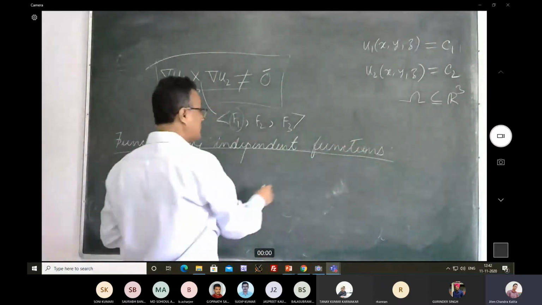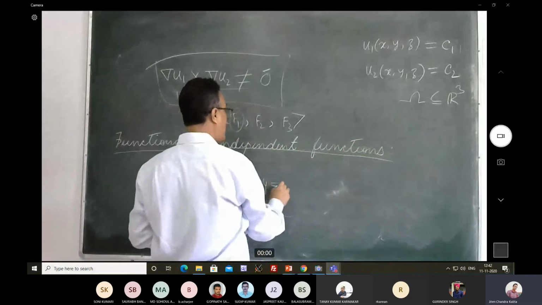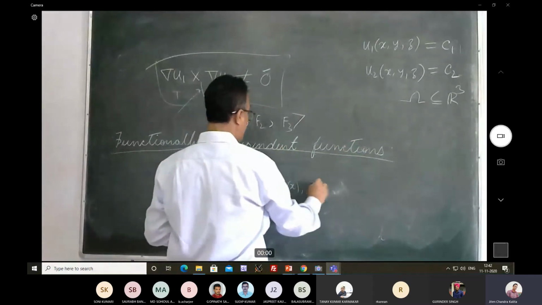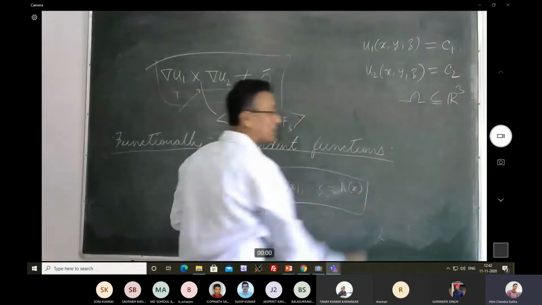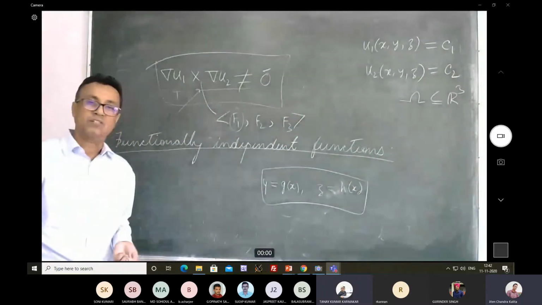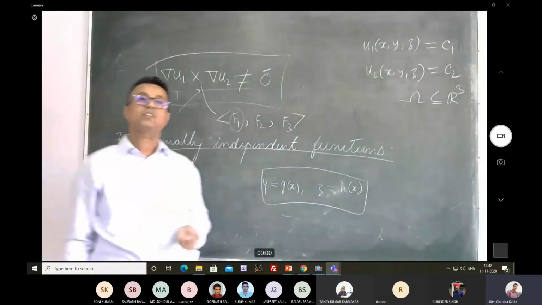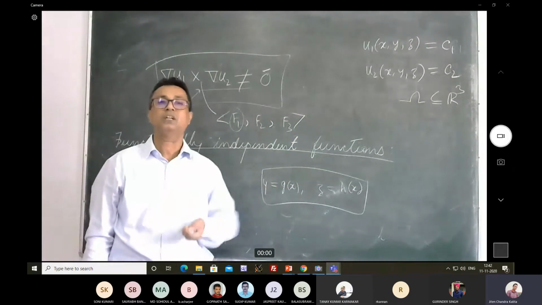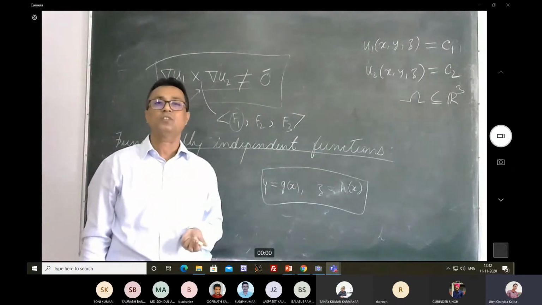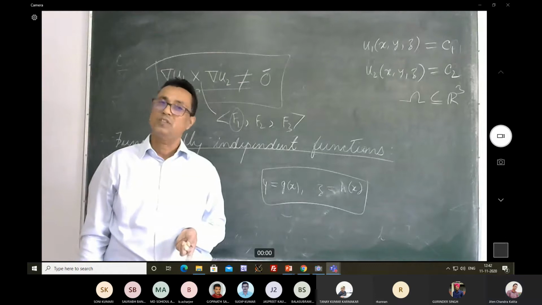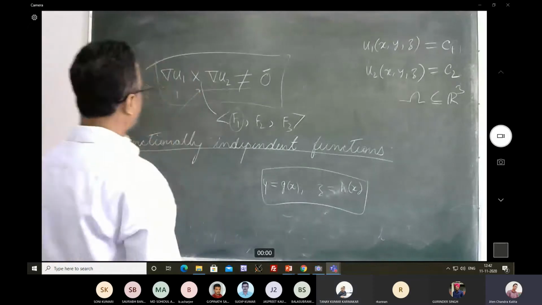Then what was happening? y equal to some g of x and z equal to some h of x, isn't it? Then by setting x equal to t, you can easily get a parametric representation of the curve of intersection. Is it okay? Right? Okay, fine.